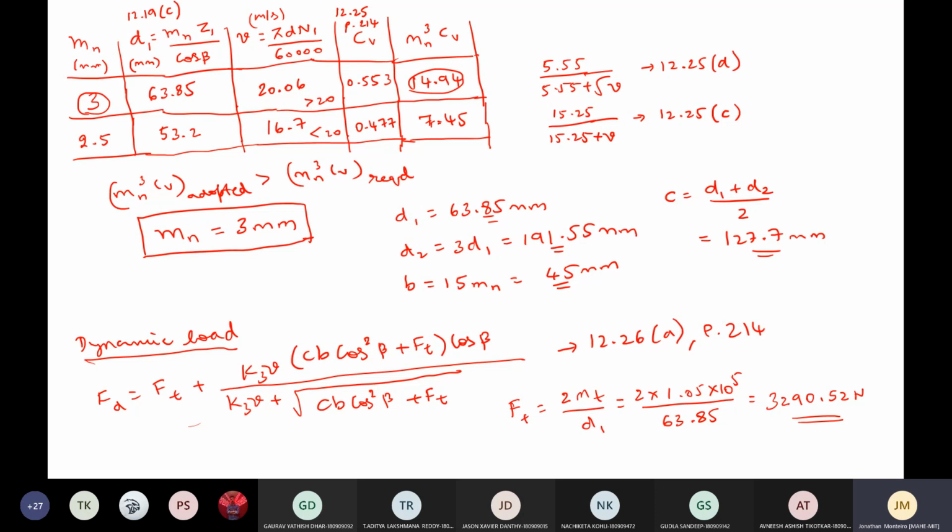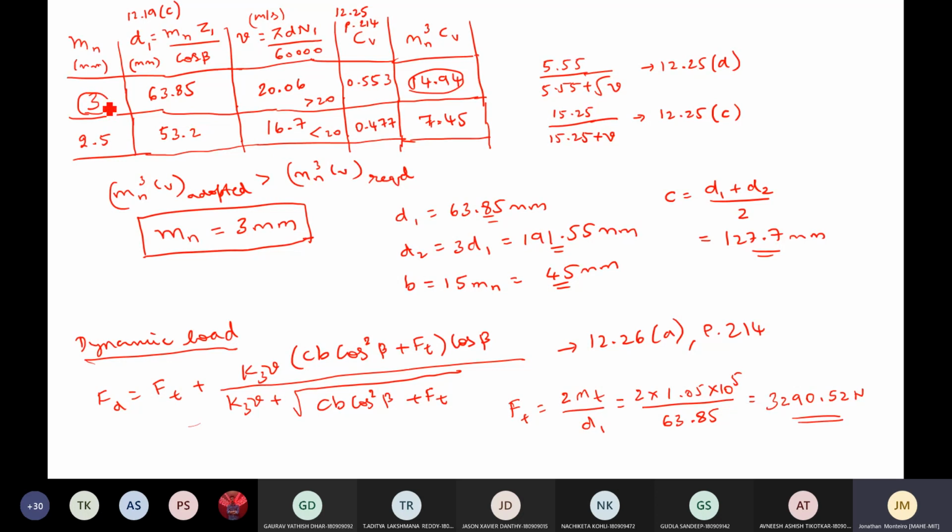So in this problem, again, in the same way, K3 is 20.67, so that is done. The FT value we found out to be, after calculation, 3290.52 newtons. Now, what about the velocity? If you look at the previous iteration table, with 3 mm as the module, you have found the velocity to be 20.06.